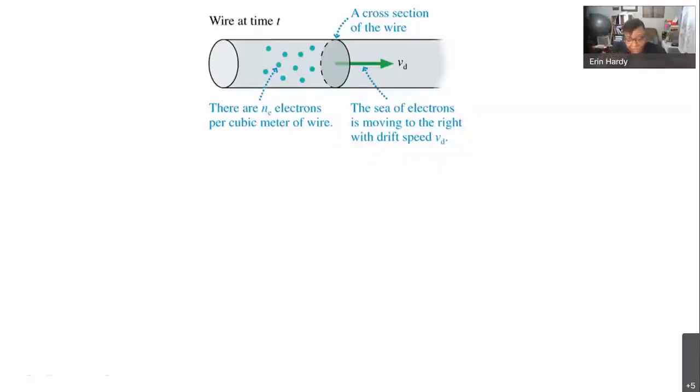So I need some way to quantify the number of electrons I would expect to find per unit volume, because a wire is actually three-dimensional, but the current is going to go from end to end.